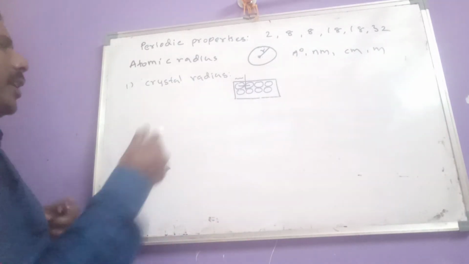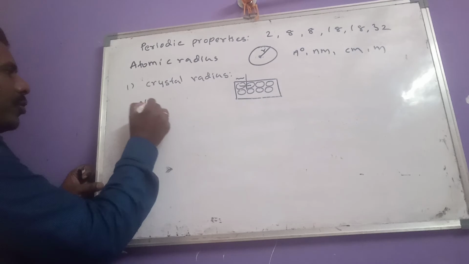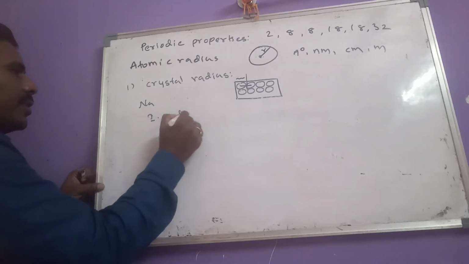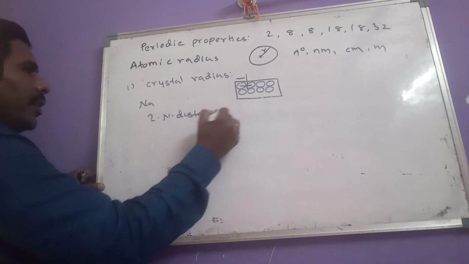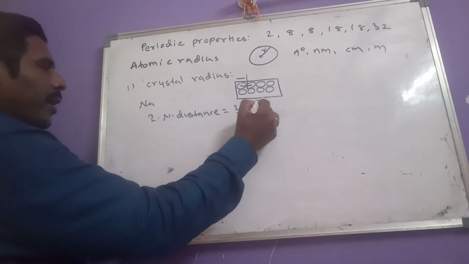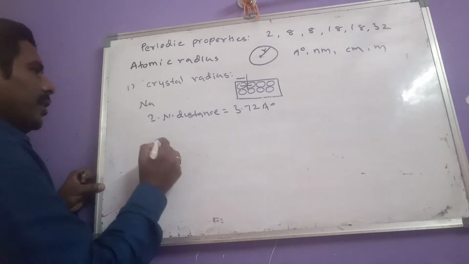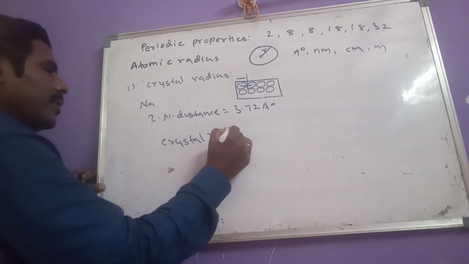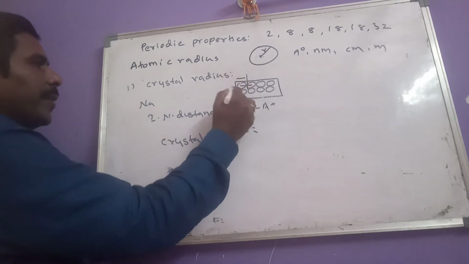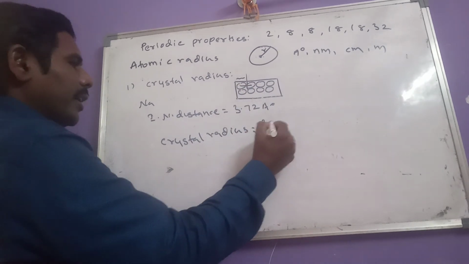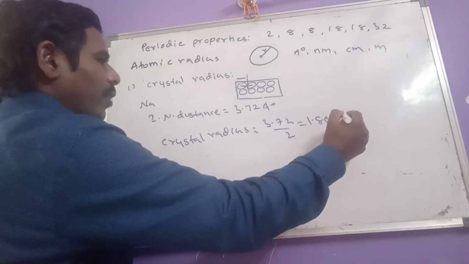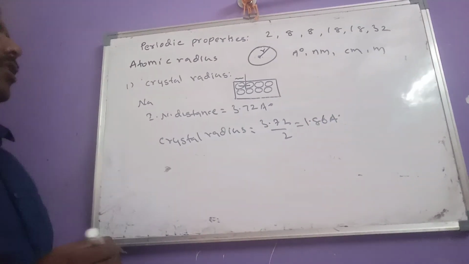For example, in sodium the internuclear distance is 3.72 angstroms. Therefore, crystal radius is half of this value, 3.72 by 2, which gives 1.86 angstroms.